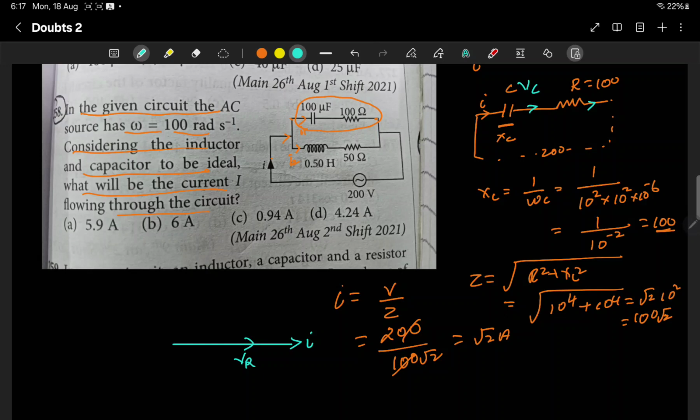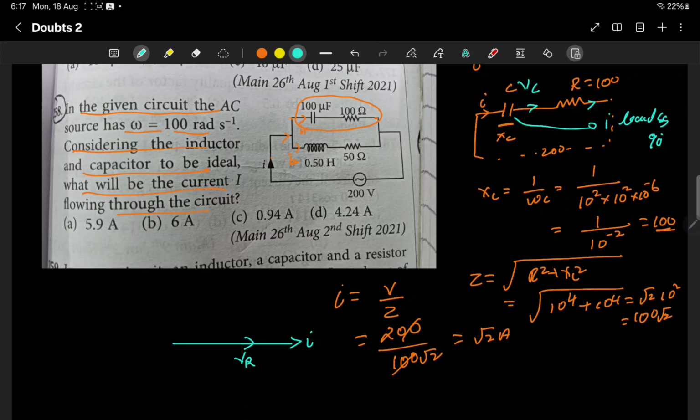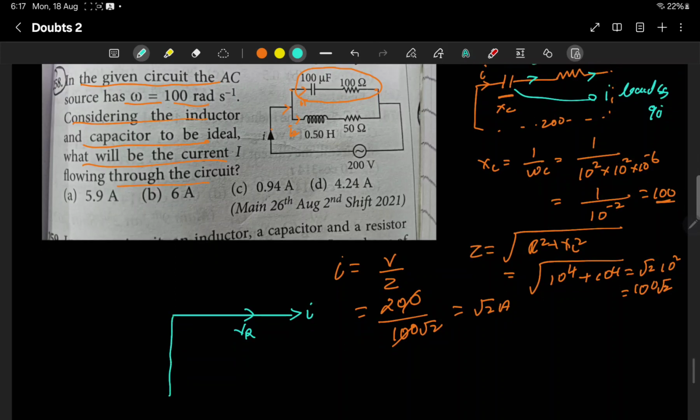In the capacitor the current leads by 90 degrees, so your voltage will lag by 90 degrees. So here I can draw the voltage across the capacitor. Here this angle is 90 degrees.